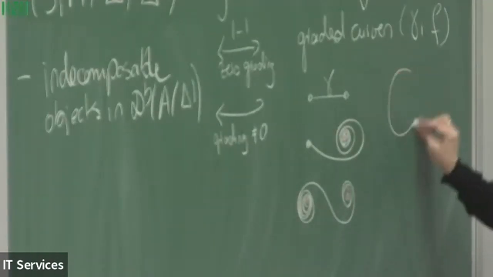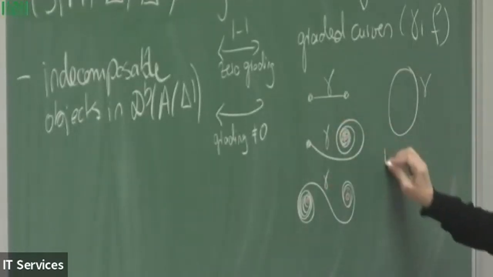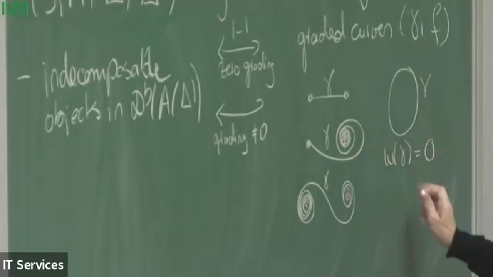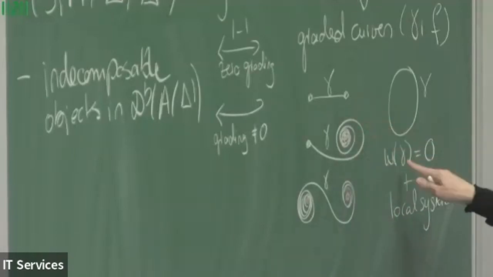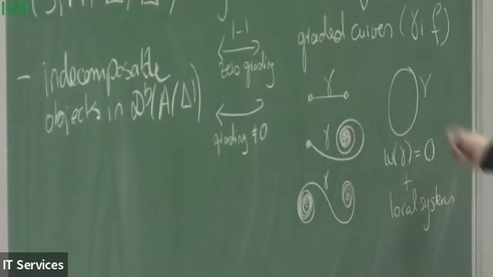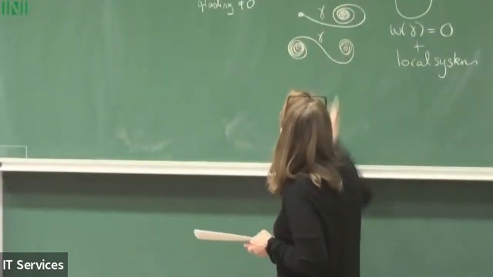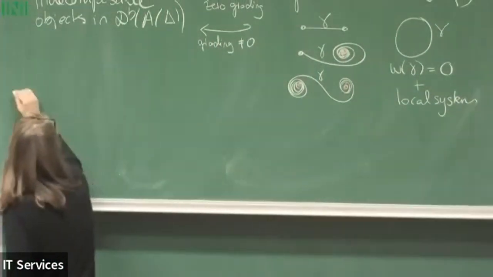Or gamma could be a closed curve, but then we only want to take those closed curves that in our grading have winding number 0, and we take all these curves together with a local system, which here is trivial, but here it gives us one-parameter families, and you have to think of these closed curves as the band objects in the derived category. Okay, so these are the objects, and in the zero case, we know by Bekkert and Merklen that that is all that there is.